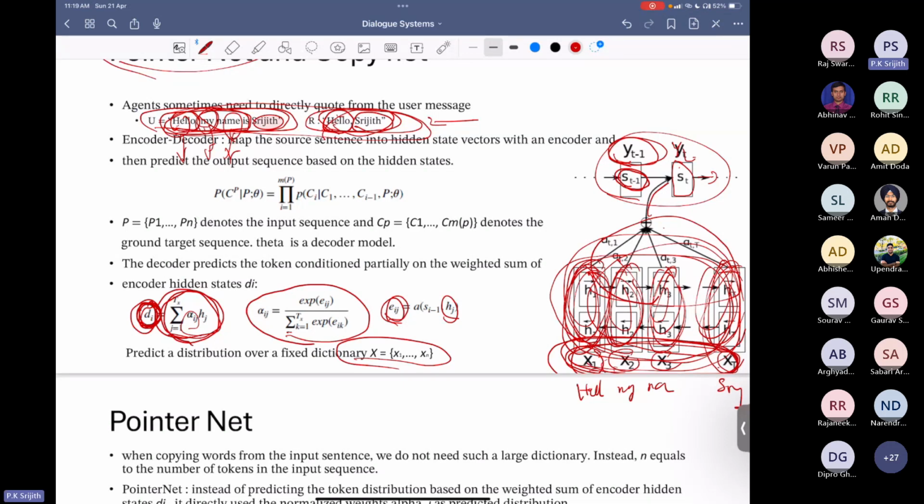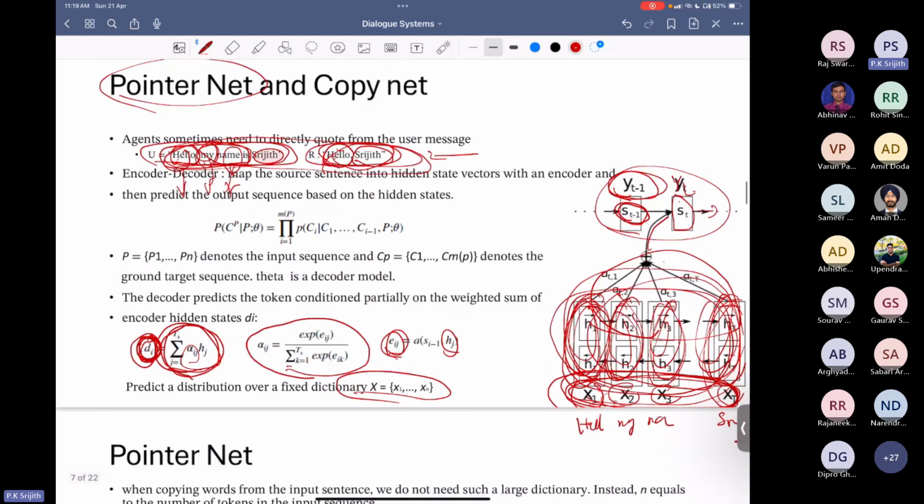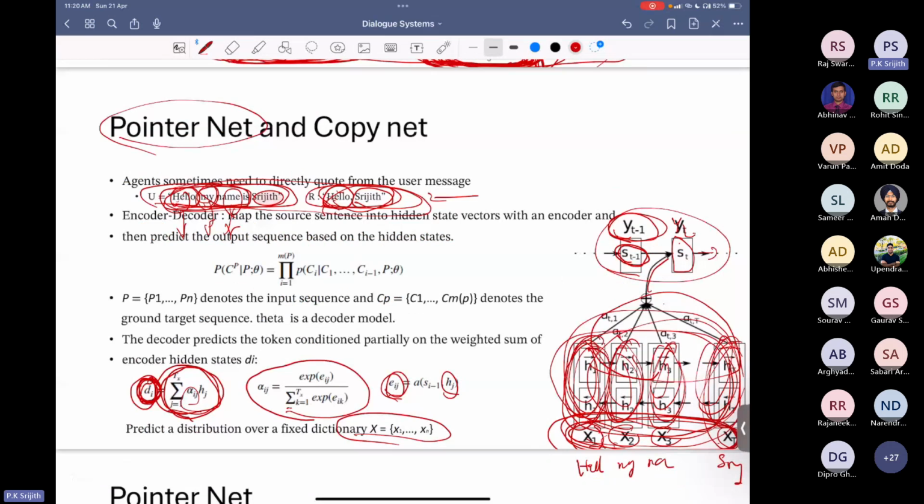But the issue with the standard decoder is that it finds a probability distribution over all the words in the vocabulary, which is the way they are trained. But we don't have to do that in these kind of situations. You only want a probability distribution over the input words, because you are only trying to produce some of those input words as output. So how can one do that?